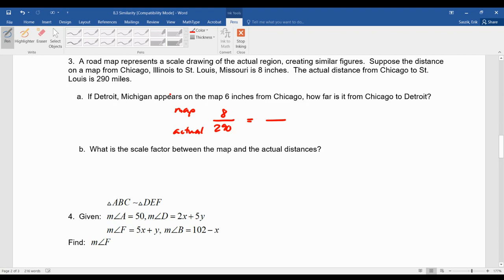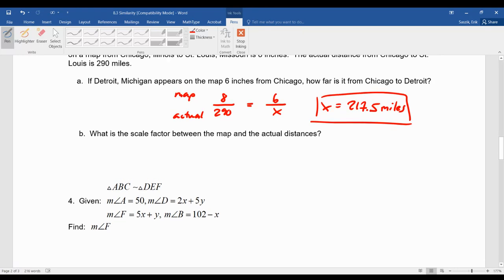Okay. If Detroit, Michigan, say this is the map stuff, so that goes on the top because I put the map on the top, so X is on the bottom. You cross multiply, and you get X equals that. So it's about consistency. I like doing these labels sometimes. You can save yourself some of that.